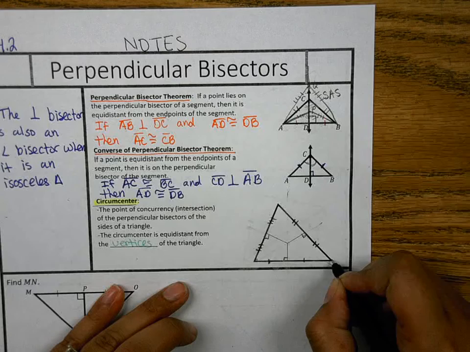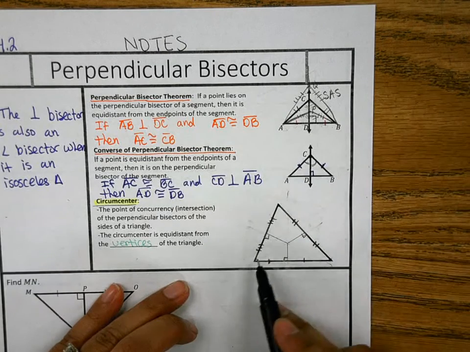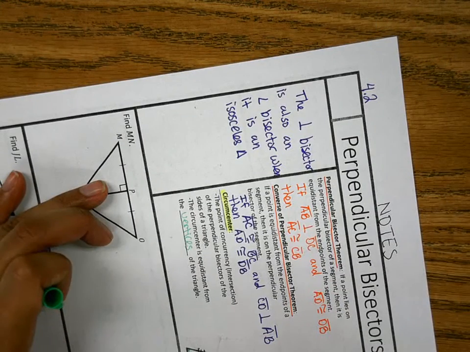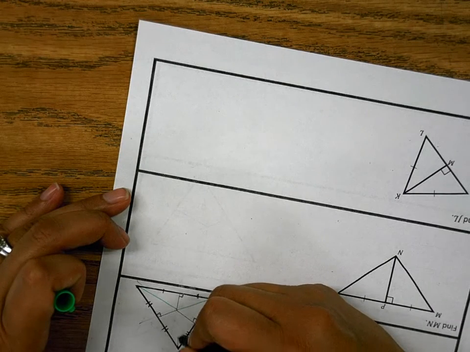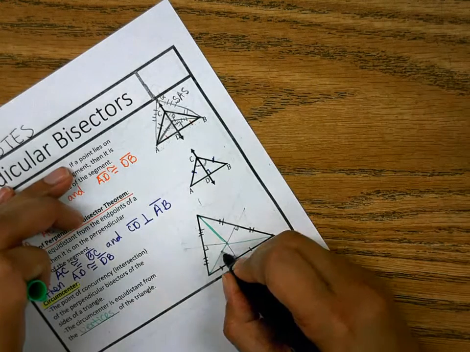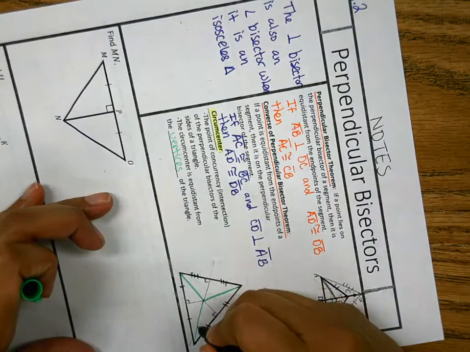Vertices of the triangle. What that means is, here's a vertex, here's a vertex, here's the vertex. I have 3 vertices in any triangle, the 3 corners. From each corner to that circumcenter is going to be equidistant. Now those lines you can go ahead and mark on your picture.